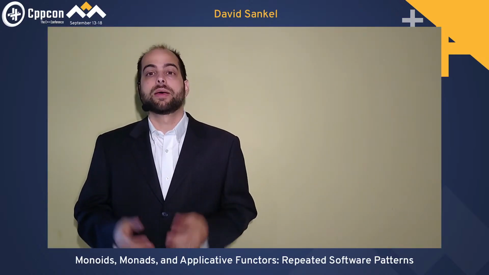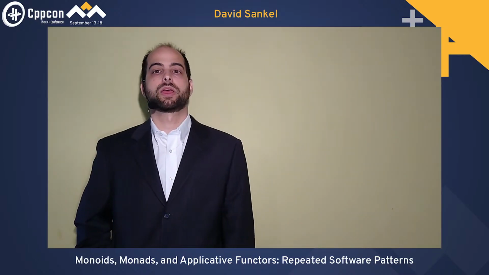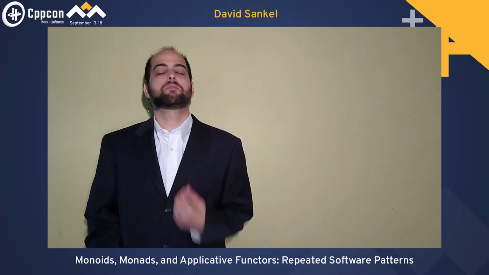Yes, exactly. Map takes in a function and an optional, and if the optional is none, then it returns a none optional of the transformed type. But if it has a value inside the optional, then it returns a new std optional value by applying the function to the thing inside the optional that was part of the parameter. Exactly right.